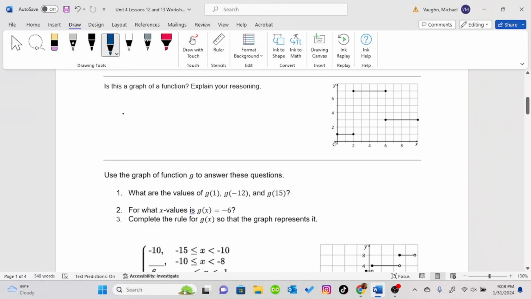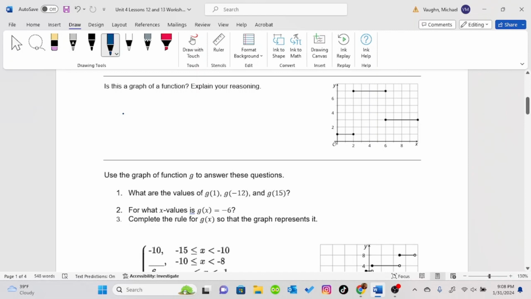Is this a graph of a function? Explain your reasoning. For a graph to be a function, it has to pass the vertical line test.